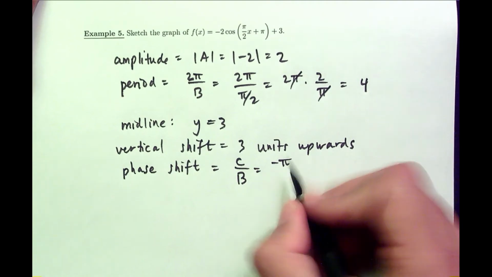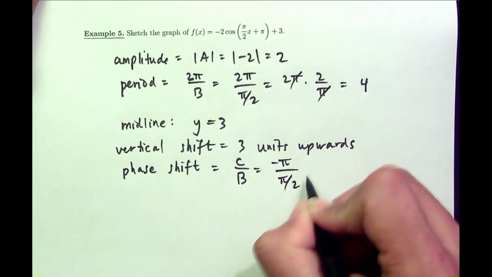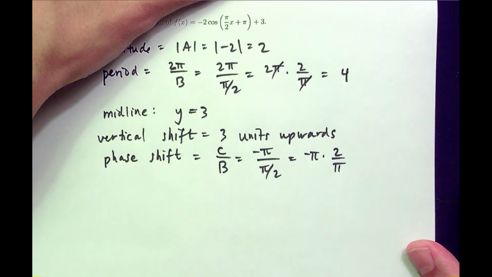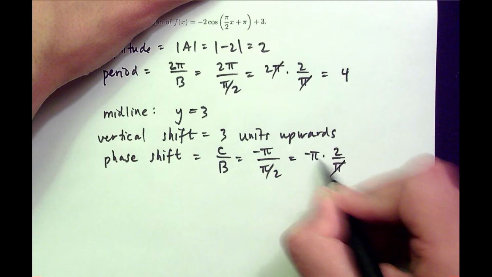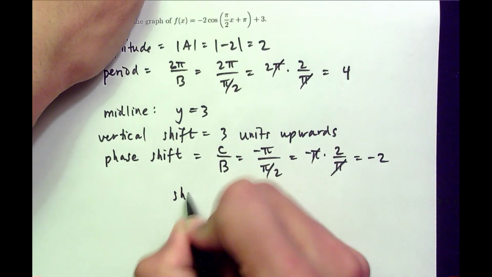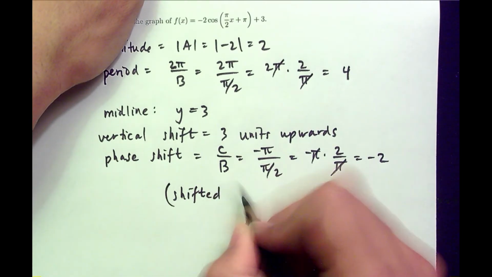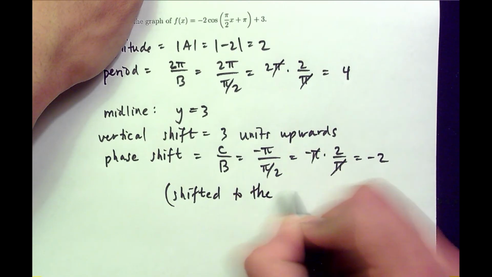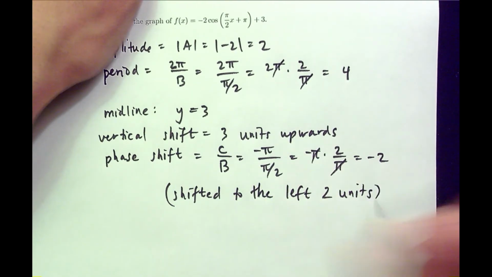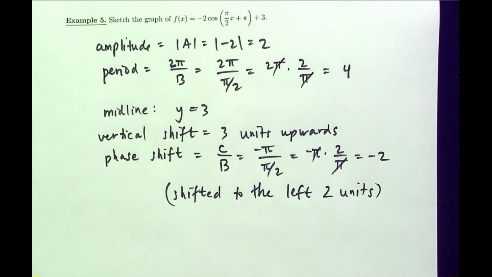And then the B is pi over 2, so this is negative pi times 2 over pi, because dividing by something is the same as multiplying by the reciprocal. Cancel the pi's and you get -2. So that means the original graph is shifted to the left 2 units. Okay, and now we're ready.